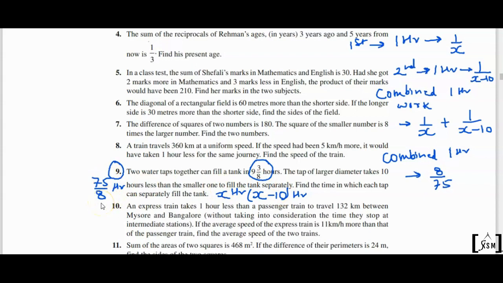So their combined 1 hour work is 8 over 75 part of the tank. Now from this relation and this relation, we can make them equal. So we get 1 over x plus 1 over x minus 10 equal to 8 over 75.